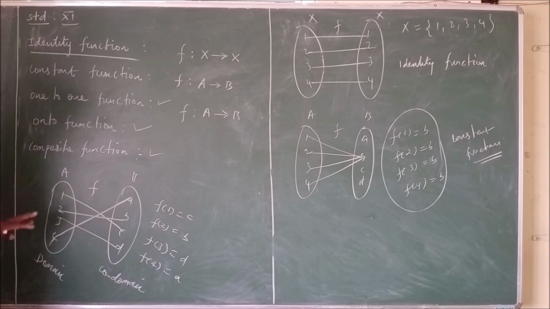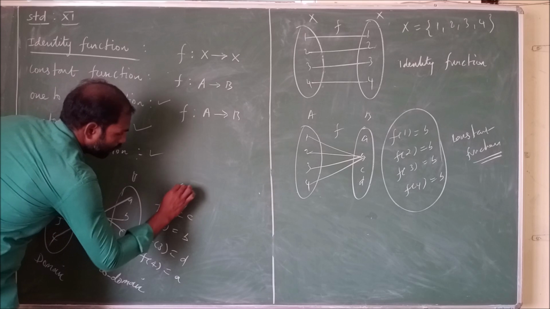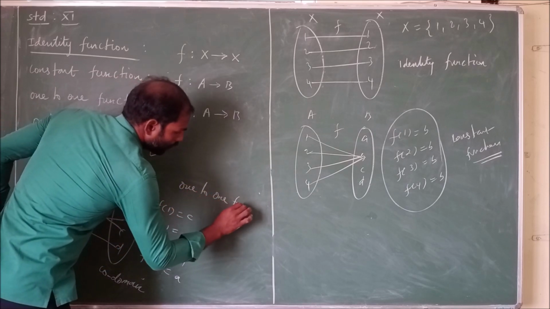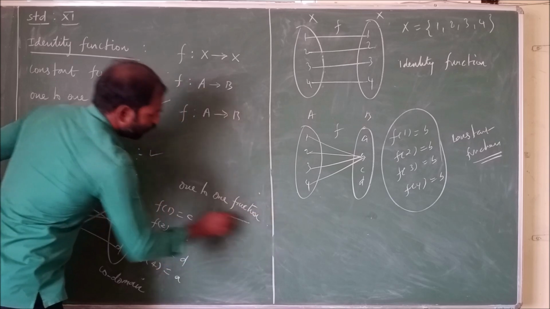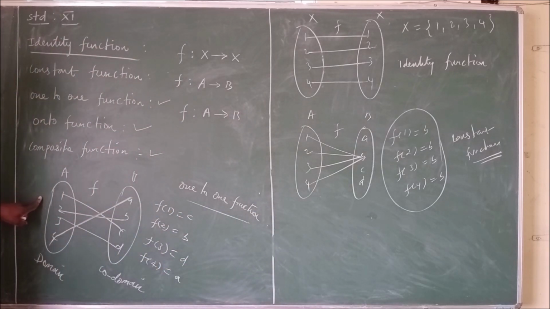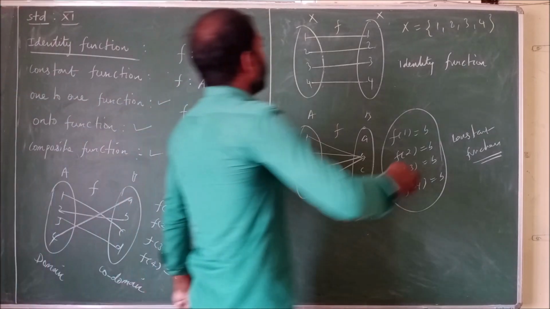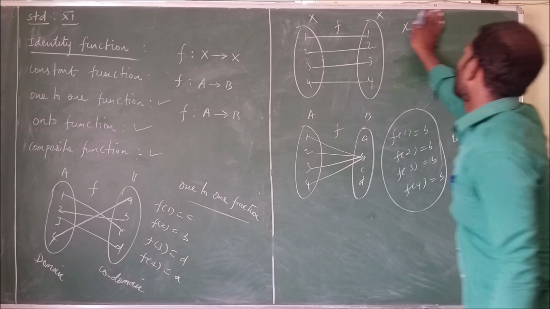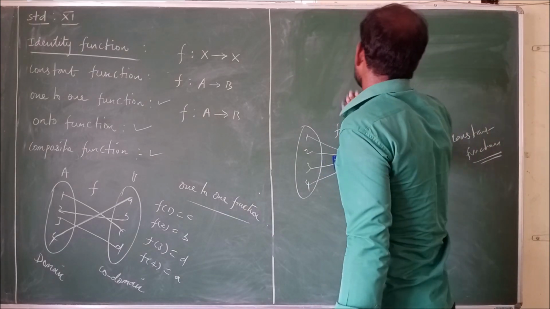Which one is not one-to-one? This is an example of a one-to-one function. Which one is not a one-to-one function?